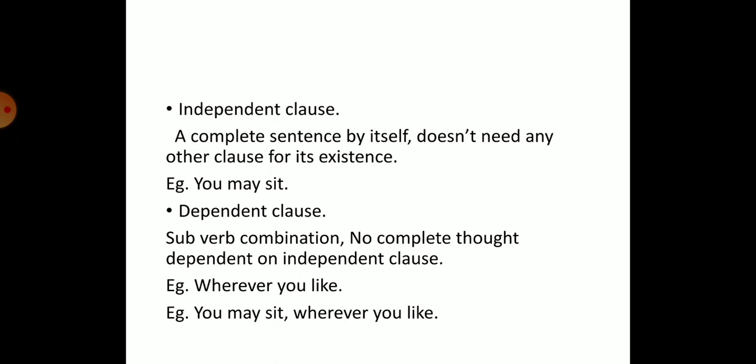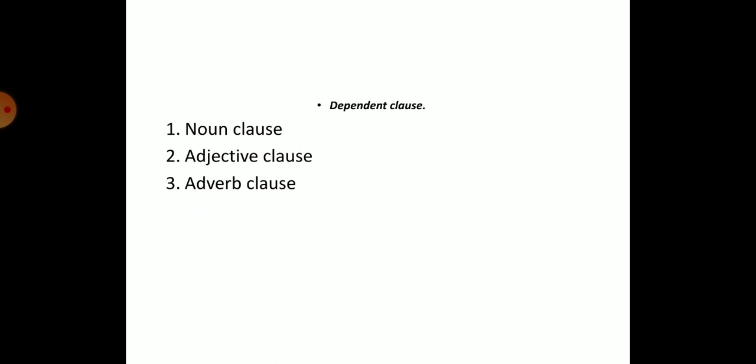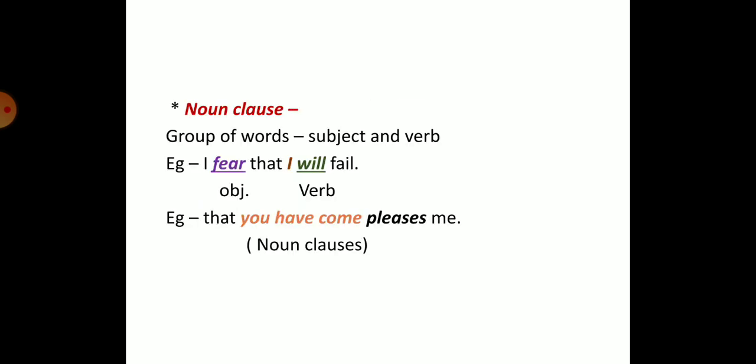Now, dependent clauses are mainly divided into three parts: noun clause, adjective clause and adverb clause. Let's discuss each of them. So, what is a noun clause? A noun clause is a group of words having a subject and verb of its own, and it acts as a noun in the sentence.